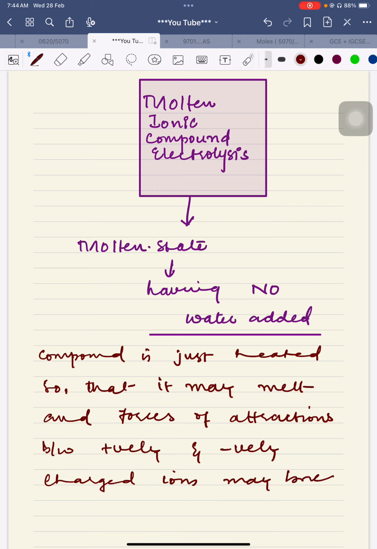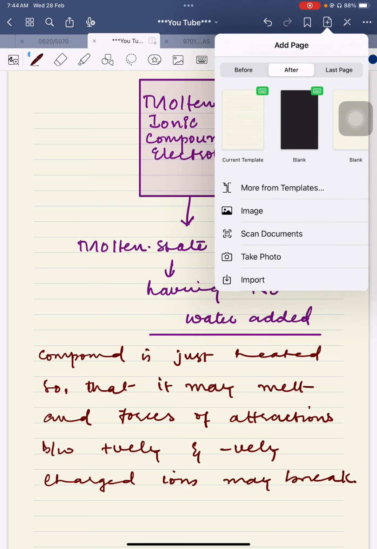The ions will be free to move, hence they can conduct electricity. Done. I'm going to give you an example of electrolysis on the next page.